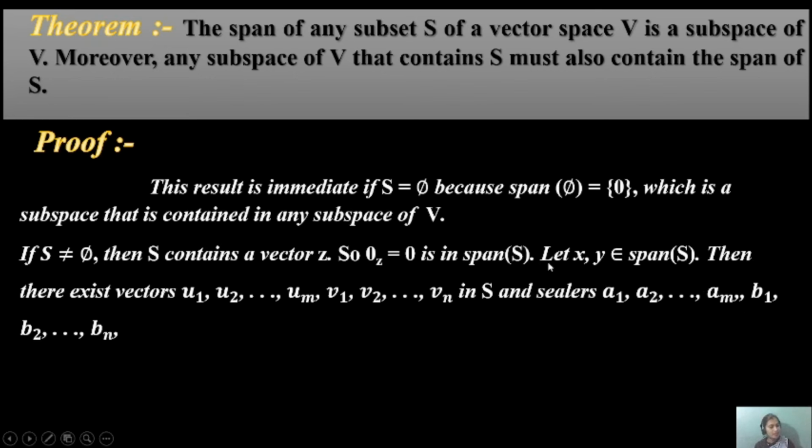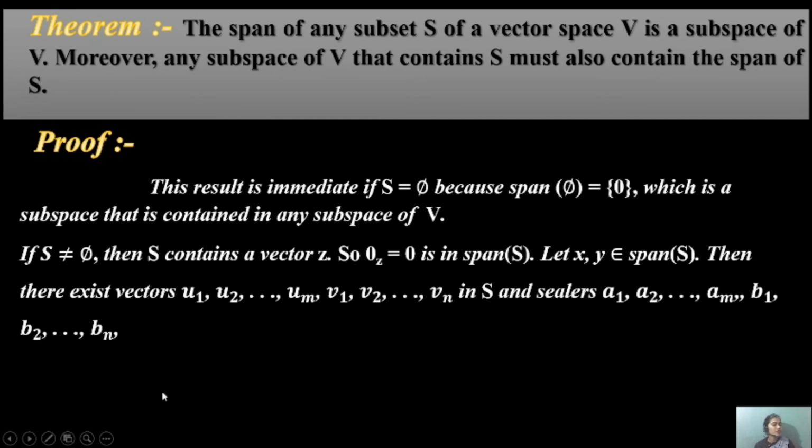Then let x and y be elements of the span, because x and y are generated in the plane. Then there exist vectors u1, u2, ..., um and v1, v2, ..., vn in S, and scalars a1, a2, ..., am and b1, b2, ..., bn.